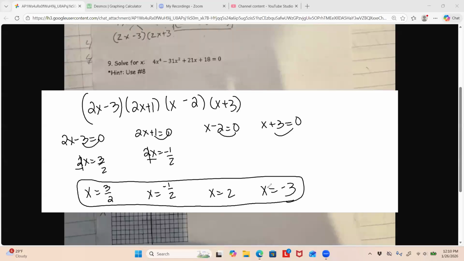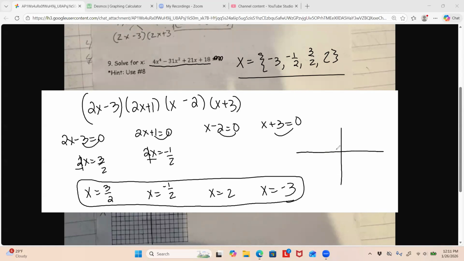Those are the solutions. Usually we like to put them in a squiggly bracket, least to greatest. So that would be -3, -half, 3 halves, and 2. Some teachers are uptight about that. Some people aren't. You do you. If you have a graphing calculator or you're allowed Desmos, graph this. Don't push the equal 0. And you will see that's where your x-intercepts are.